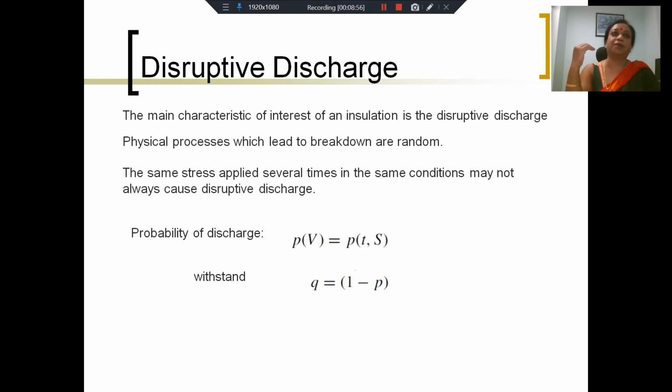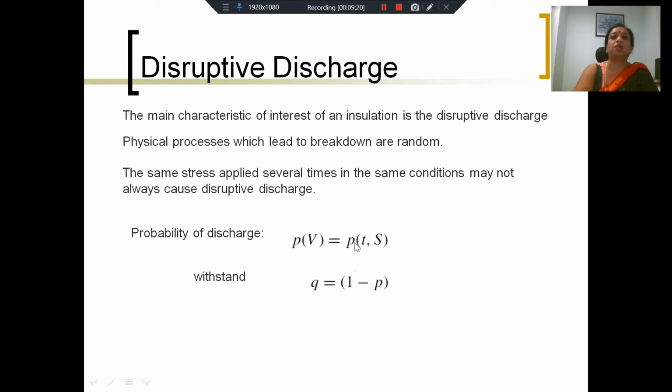However, remember that breakdown does not necessarily occur as soon as the breakdown strength is exceeded. And sometimes breakdown can occur even when you are at levels below the breakdown strength. So it is a function of S. It is not a deterministic function of S, but it is a probabilistic function of S.